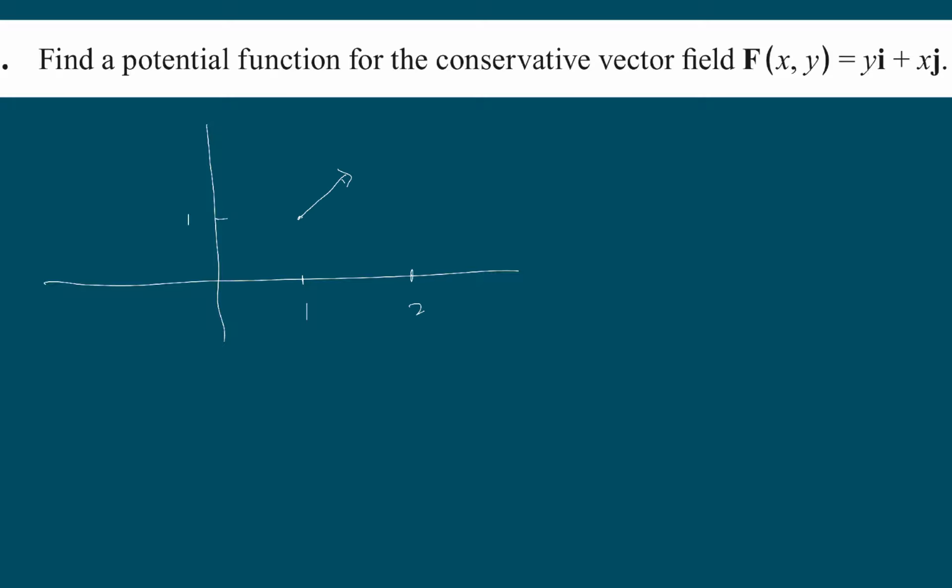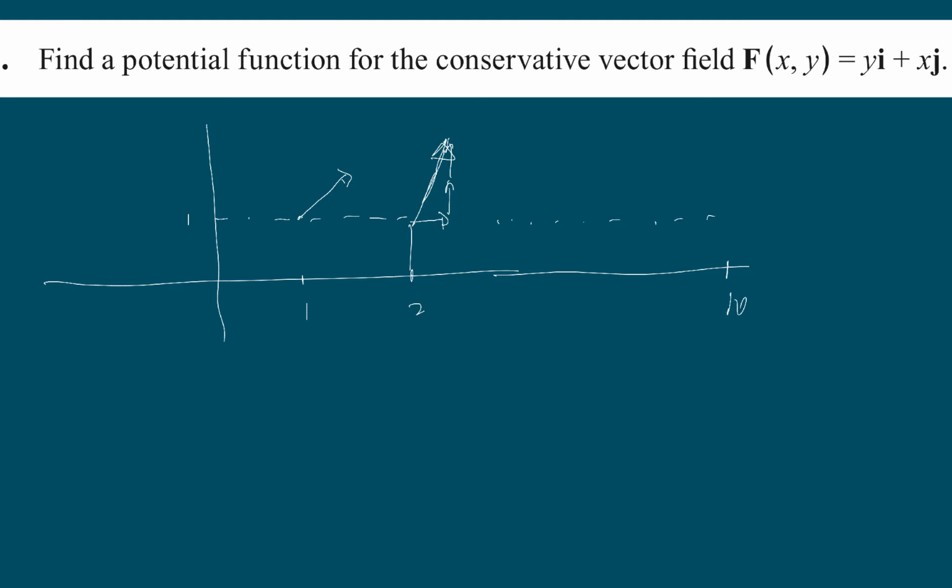At the point (2, 1), the vector will look like 1i plus 2j. So the vector will look like this. What happens if you move further? Let's say x equals 10.